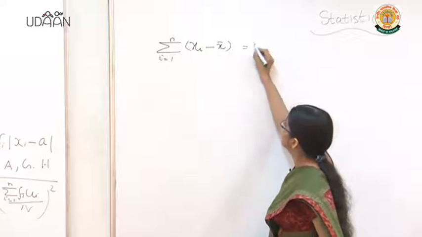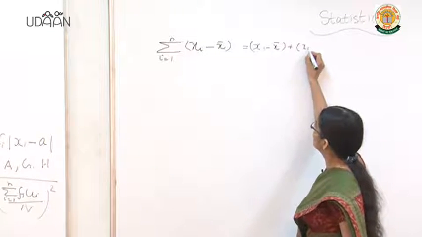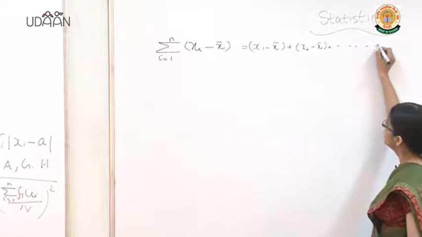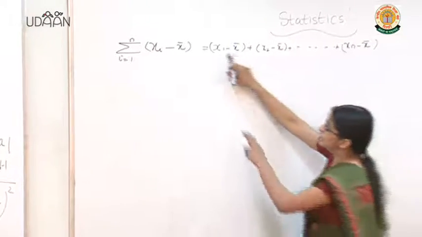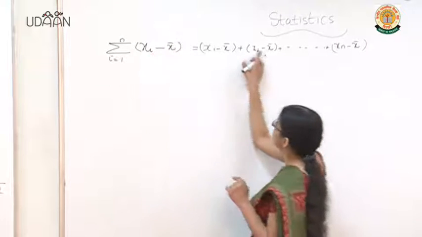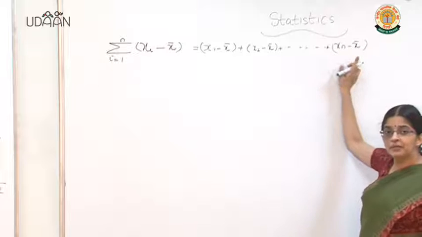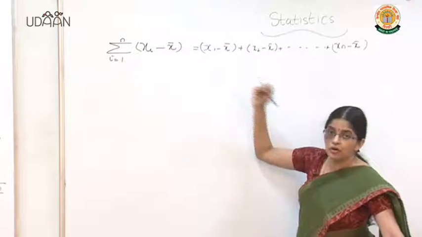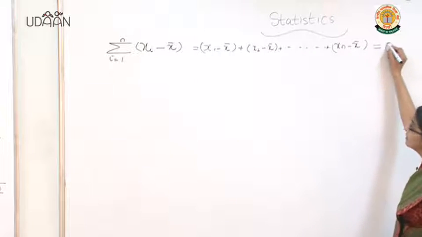Let us open the sigma: x1 minus x bar plus x2 minus x bar plus x3 minus x bar, etc., up to xn minus x bar. x1 minus x bar is the deviation of x1 from x bar, deviation of x2 from x bar, etc., deviation of xn from x bar. That is, the sum of the deviations of the observations from the arithmetic mean is always 0.